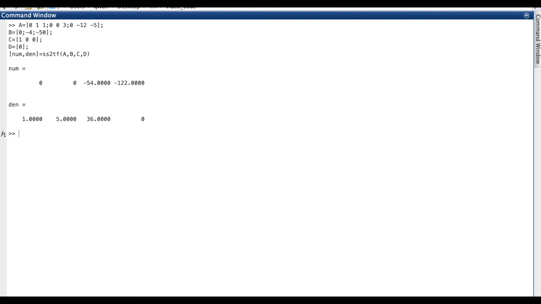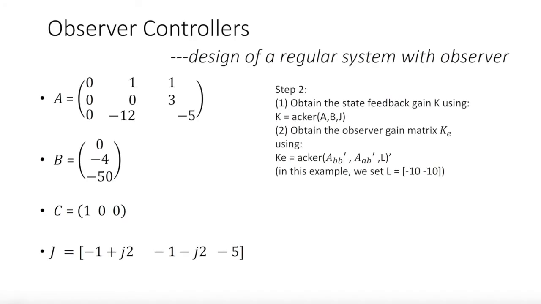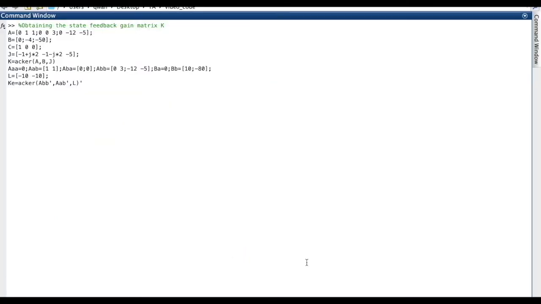Now for step 2, we are going to find the L gain, the KE, which is the placement of the subsystem of ABB, AB, and the desired poles at minus 10 and minus 10 to find the observer gain. Here we can see that by defining K and KE.